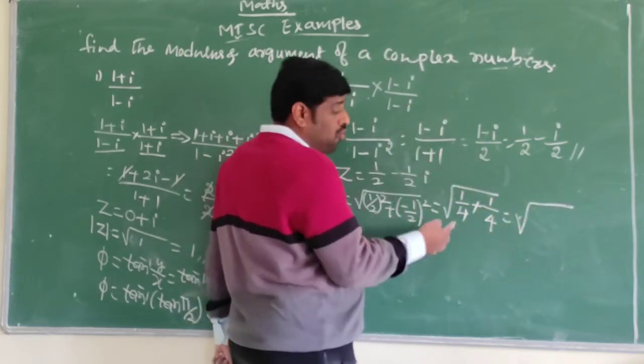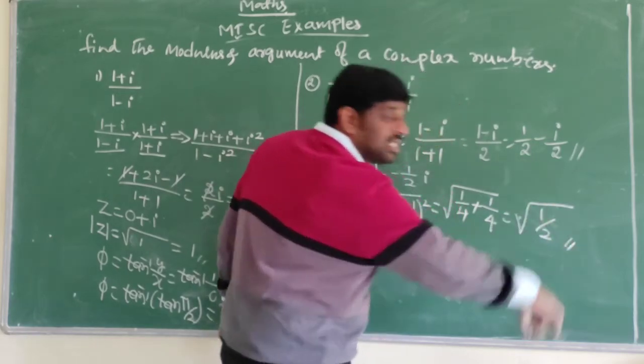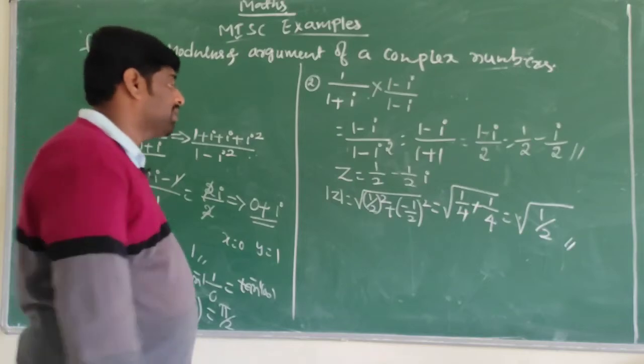Square root of 1 by 4 plus 1 by 4 is how much? 1 by 2. This is the modulus of your given complex number.